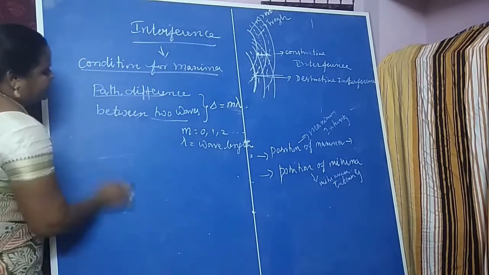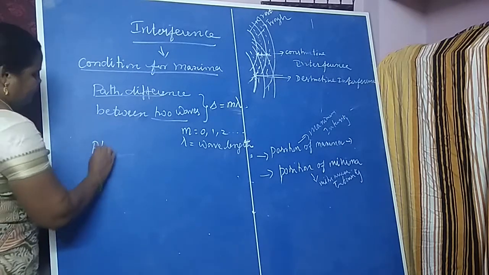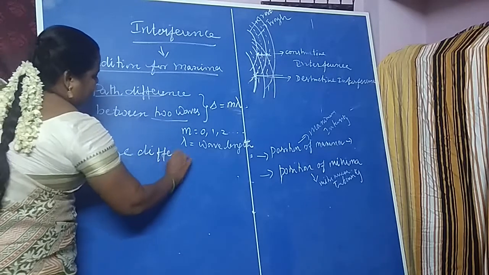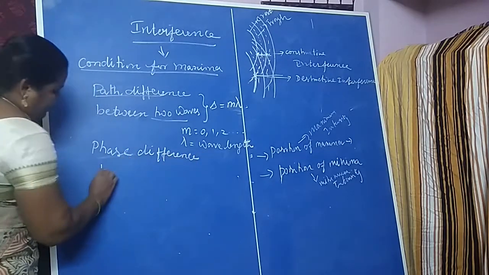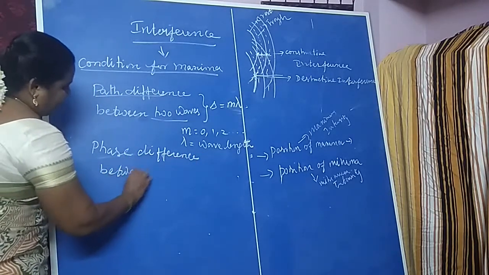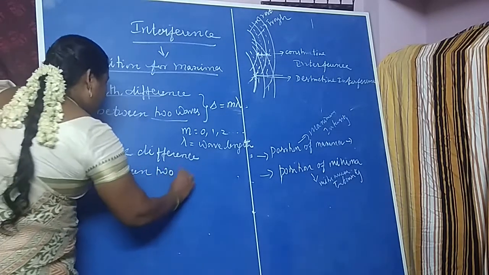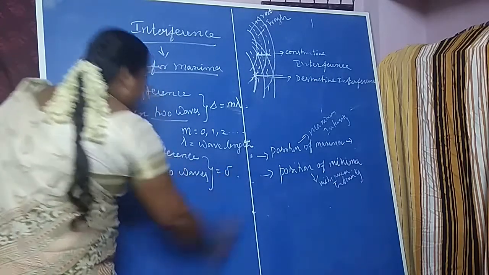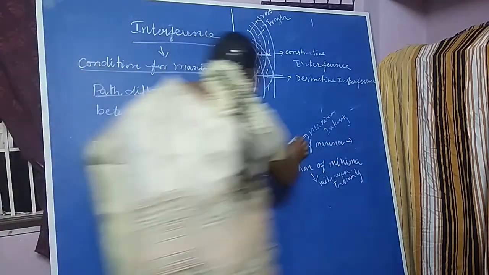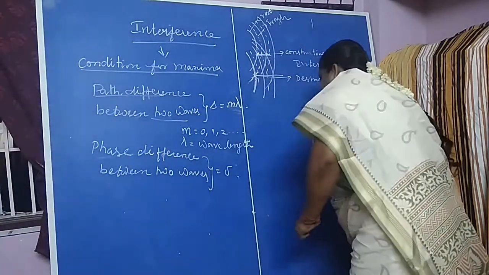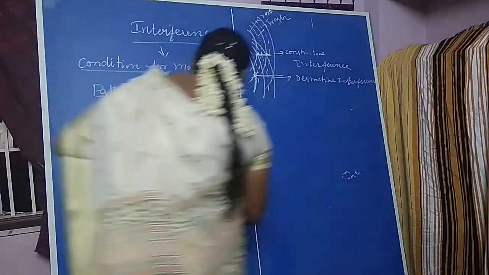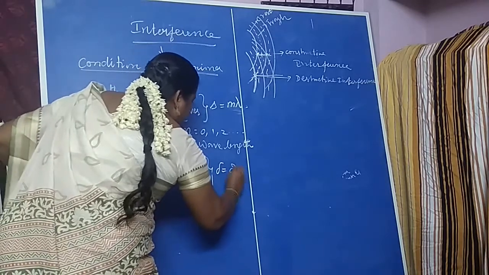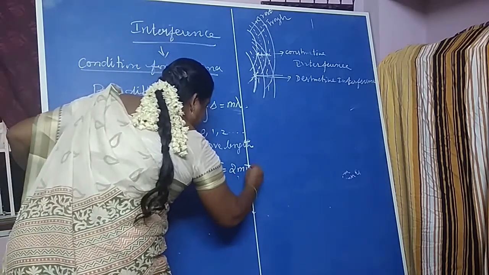Like that, the phase difference between two waves, represented by another delta, is equal to 2m pi.